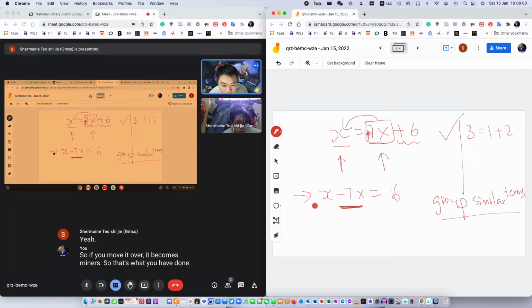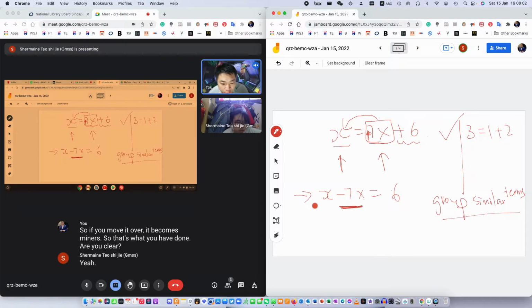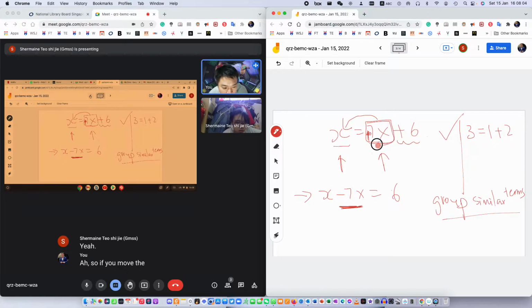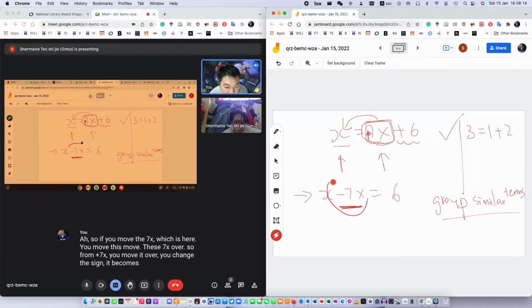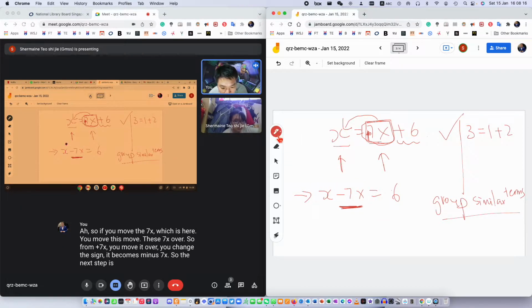Are you clear? Yeah. So if you move the 7x, which is here, you move this 7x over. From plus 7x, you move it over, you change the sign, it becomes minus 7x. So the next step is you're going to get minus 6x equals 6.